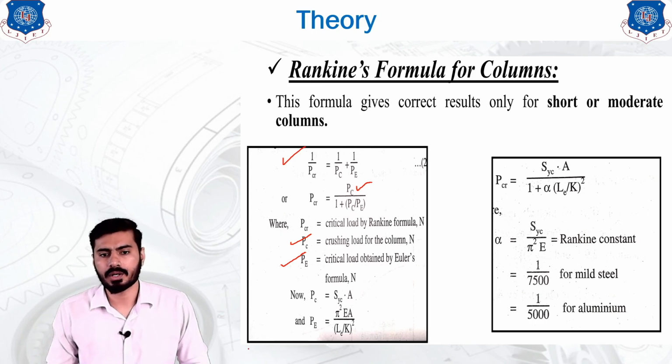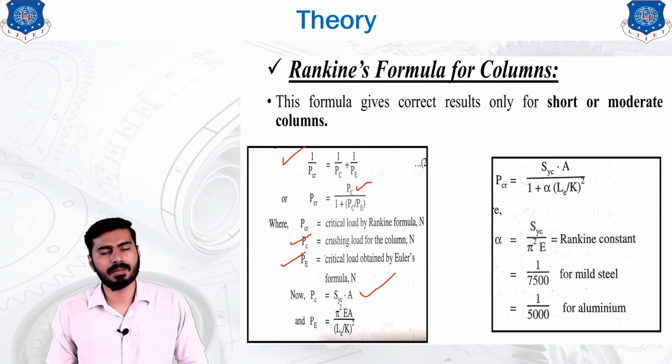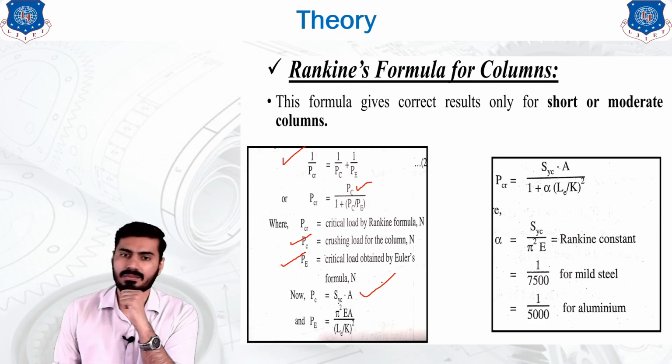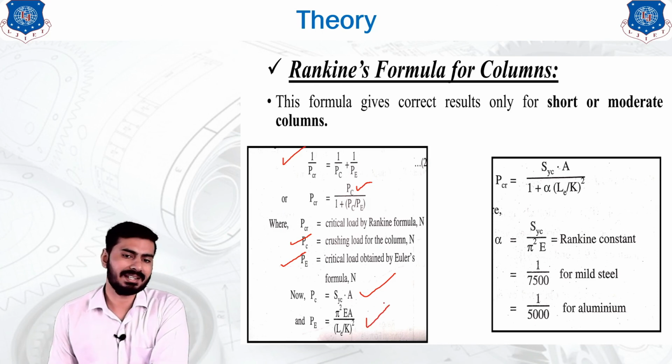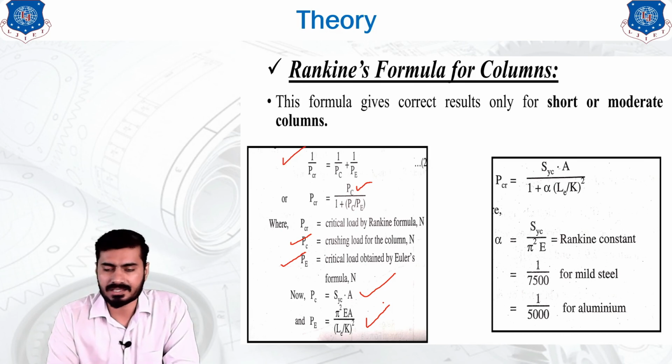If you consider a few assumptions, PC is nothing but the crushing load, and it can be calculated using SYC into A, and PE is the Euler's formula, that is pi square EA upon LE upon K square.